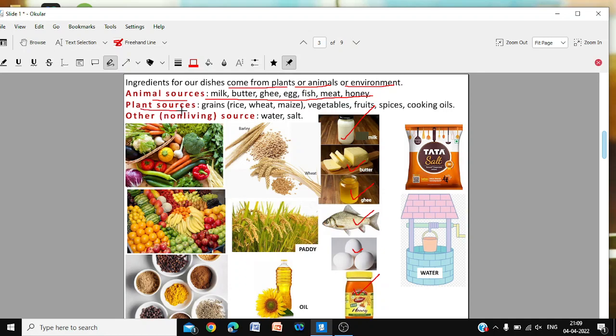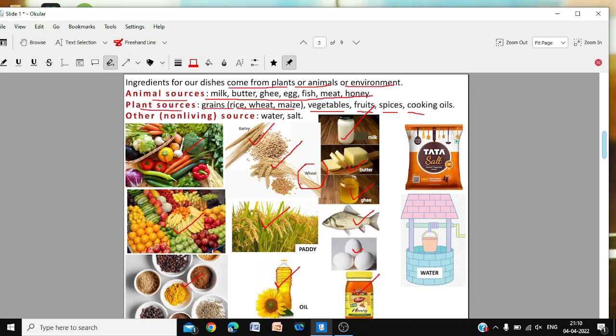Plant sources, we are getting grains like rice, wheat, maize, barley, oat, vegetables, fruits, spices, and cooking oils. Grains, wheat, from where you get atta and maida, barley, paddy, from where you are getting rice, cooking oil, various kinds of spices, different fruits, vegetables.